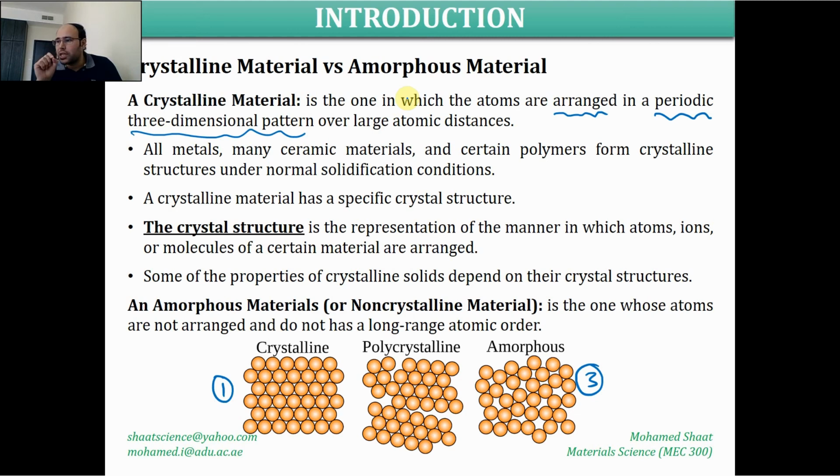So the talk here is not about the type of the atom, and not about the forces between atoms. The talk is about the arrangement, how we distribute and arrange these atoms inside the material. This is the objective of this chapter. As we discussed before, any property of the material is related to all the things that are happening at the atomic scale. In chapter 2, we learned how the forces affect the material properties.